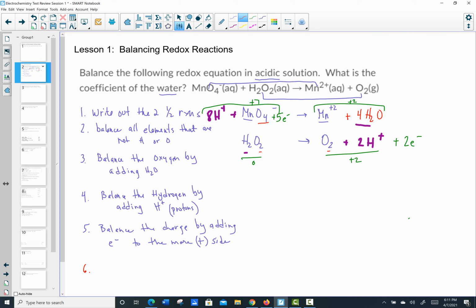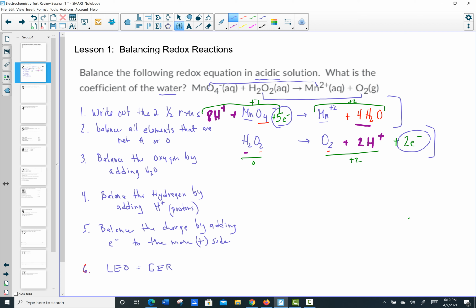Step 6. In step 6, what we'll want to do is make sure that the electrons lost equal the electrons gained. LEO must equal GER. So in our first half reaction, we can see that there were 5 electrons gained, and in the second half reaction, there were 2 electrons lost. They must be the same number.